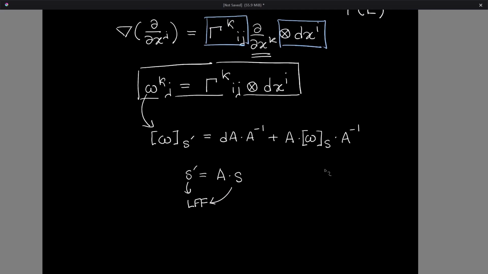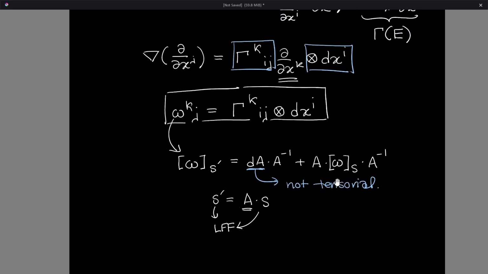So this was the transformation matrix, and this part makes it not tensorial. So we know that the connection form is not tensorial.